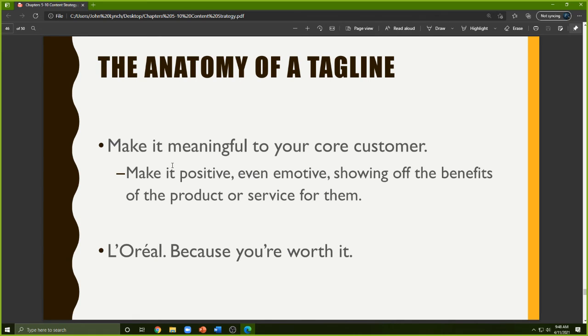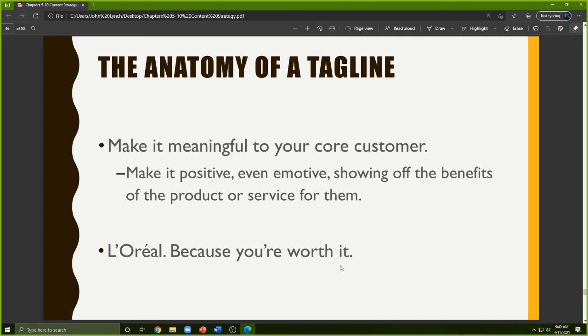And here as well, you want to make sure that your core customer, which is what we discussed yesterday, remember, we said what is our core value that attracts the core message for the core customer. You want to make your tagline something meaningful to your core customers. So, excuse me, L'Oreal is in the beauty market.